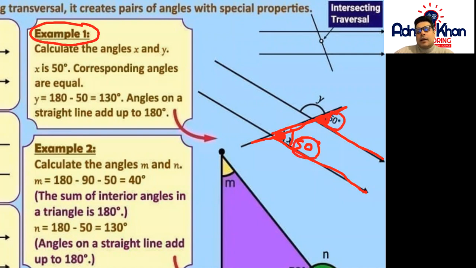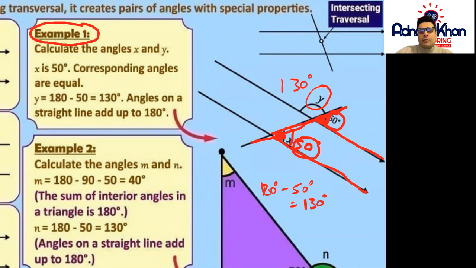Now to work out what Y is, remember Y is on this side here and it's on a straight line. So we just do 180 take away 50 degrees, which gives us 130 degrees. So Y equals 130 degrees. And this particular formula was that of an F angle or a corresponding angle.